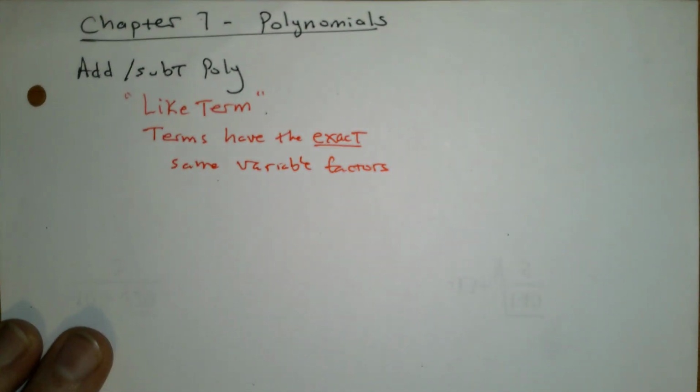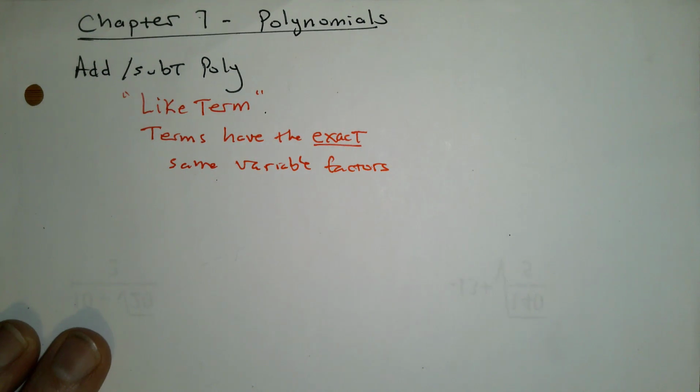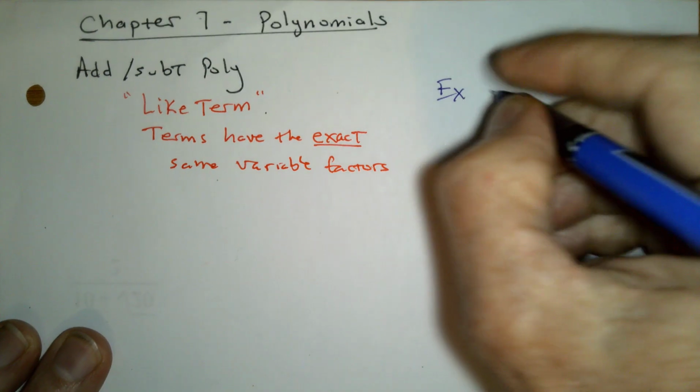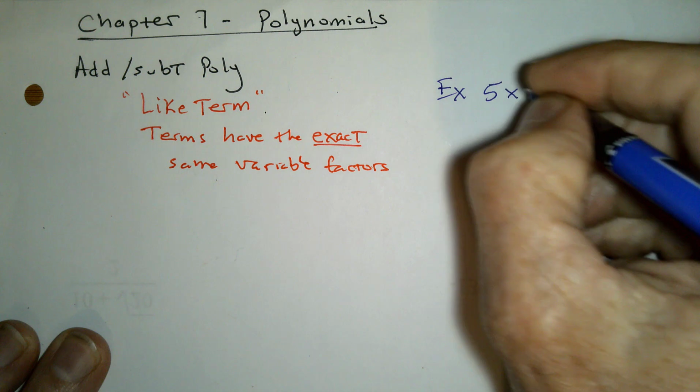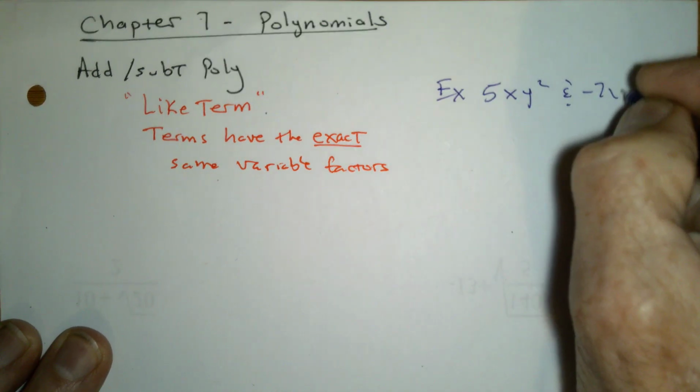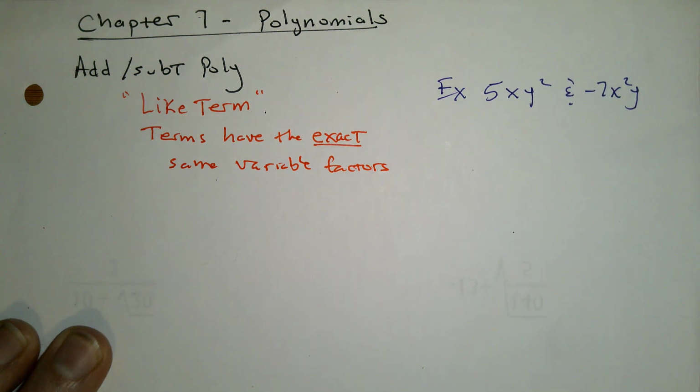Examples. 5xy squared and -7. Okay, are those like terms?